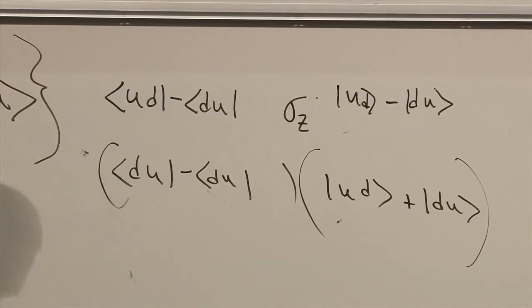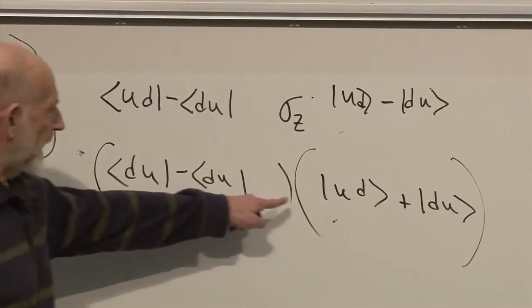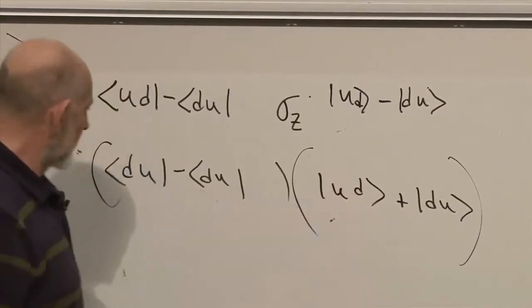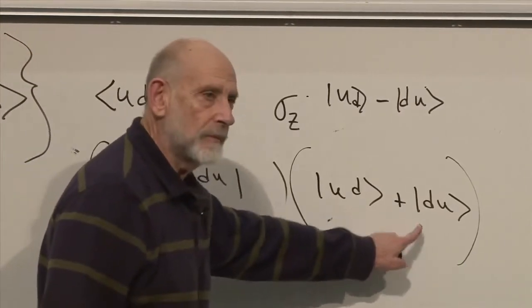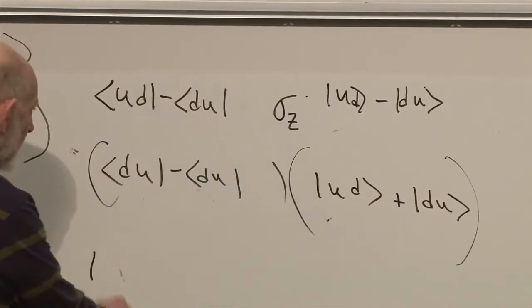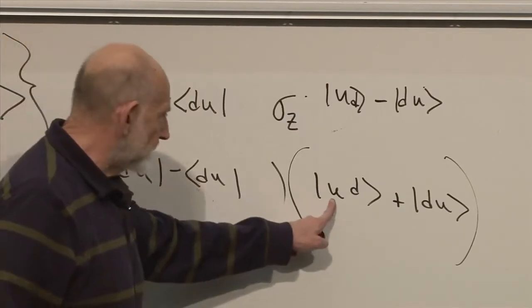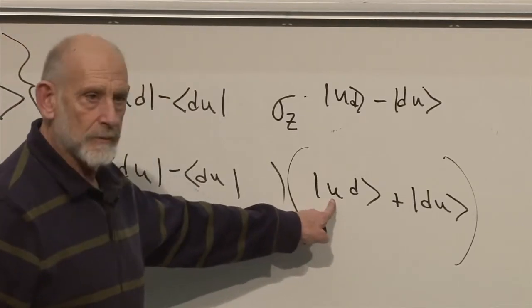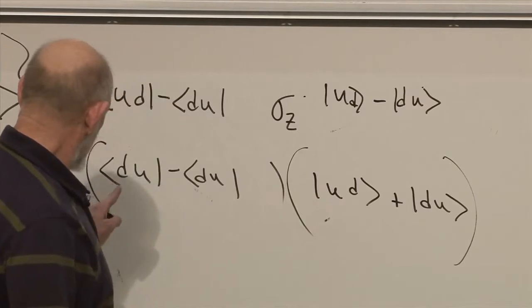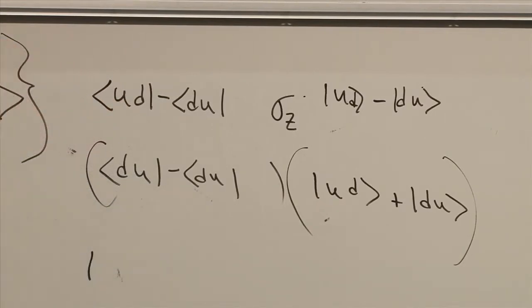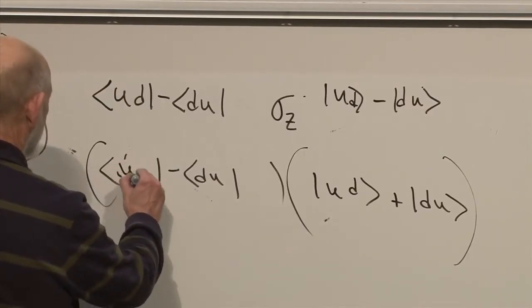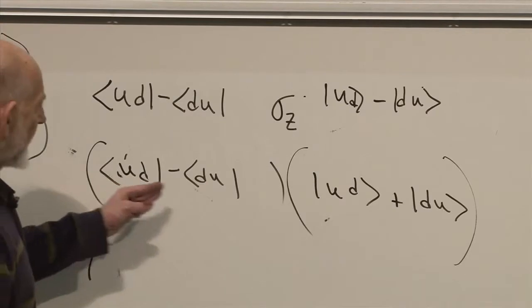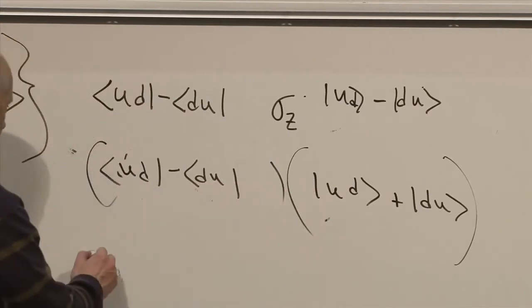Okay, let's calculate it. What's down, up with up, down? 0. What's down, up with down, up? 1. Ooh, I got something wrong here. What did I do here? This should be up, down, right? Yeah, up, down. Okay, so let's go back. Up, down with up, down is 1.